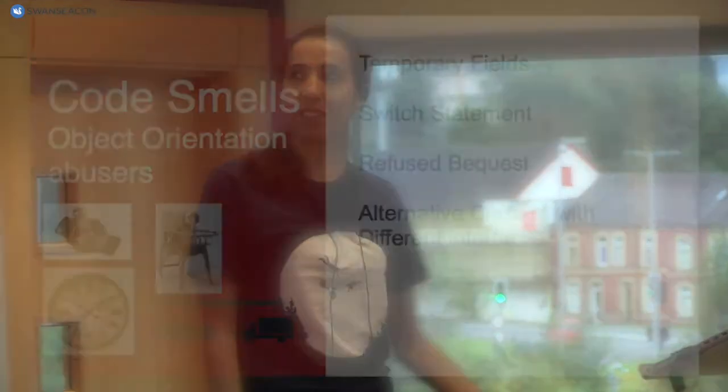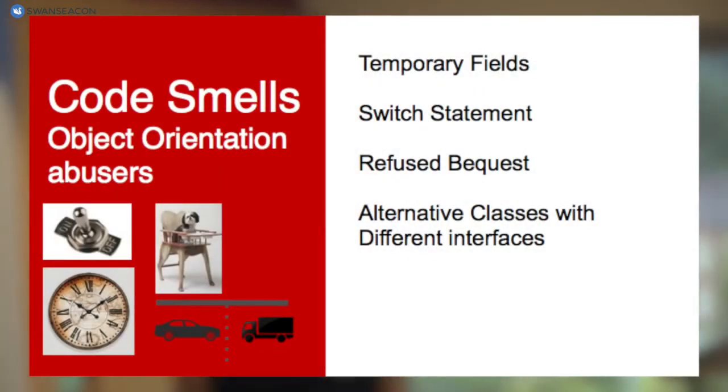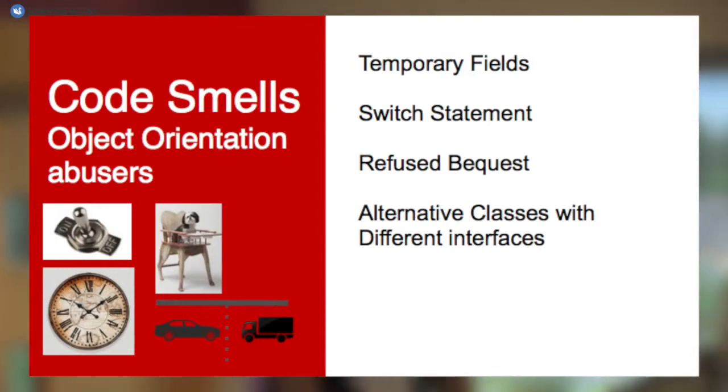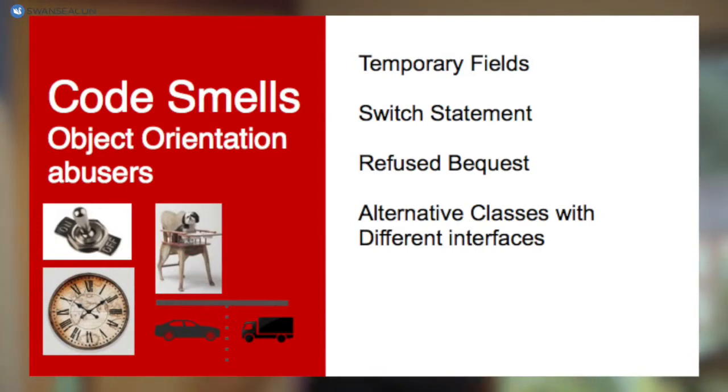The other category of code smells is the object orientation abusers. What that means is that these kinds of problems are a wrong or unfinished implementation of object-oriented design. For instance, the refused bequest code smell is, for instance, a dog that is an instance of a chair because it's got 4 legs. And you're like, surely that's wrong.